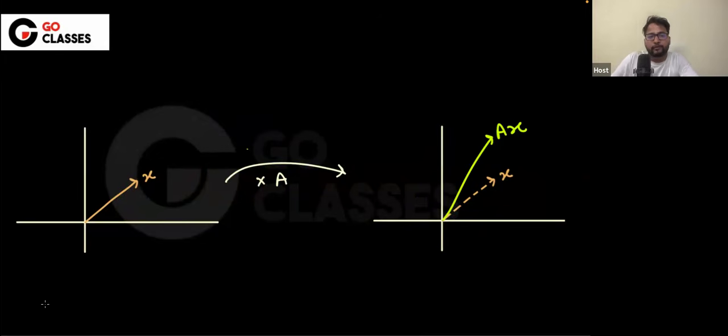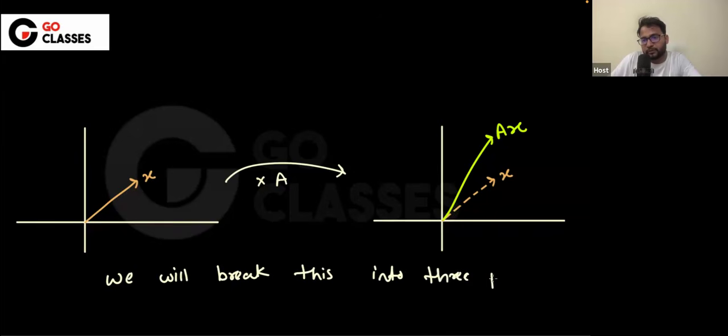Now what we will be doing is breaking this phenomenon, whatever is happening here, into three parts. Instead of looking at what this A is doing, we will be seeing what this U is doing, what this sigma is doing, and what this V transpose is doing.